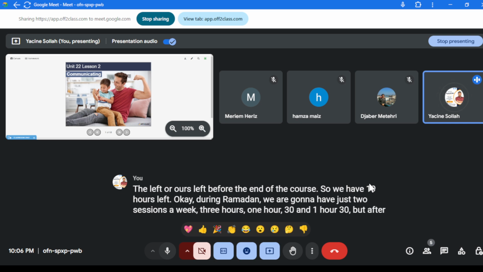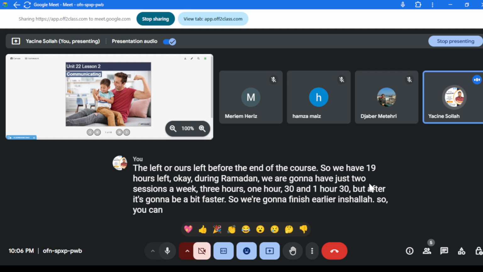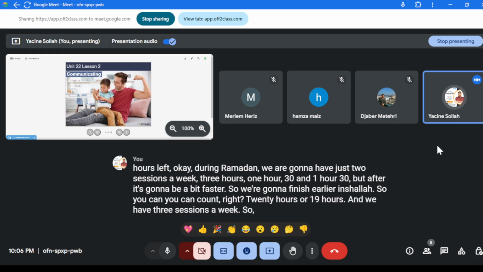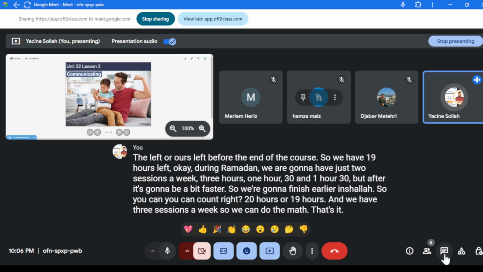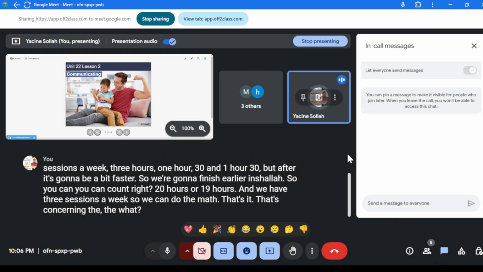But after, it's going to be a bit faster, so we're going to finish earlier, inshallah. So you can count, 19 hours, and we have 3 sessions a week, so you can do the math. That's it, concerning the number of hours that we have left.